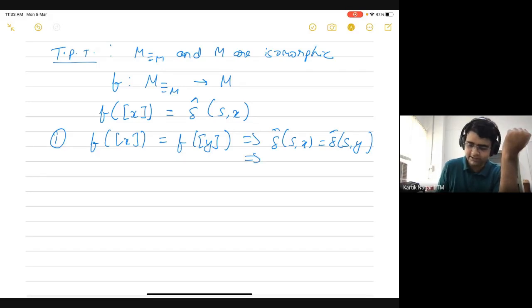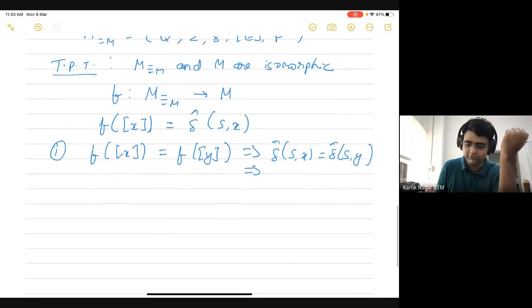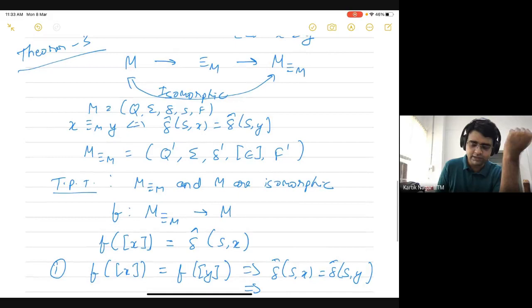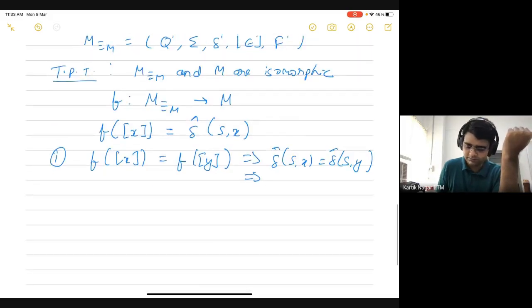However, this is exactly the definition of the MN relation that is induced by the automaton. So this would mean that x is related to y, which in turn would mean that their equivalence classes are the same.